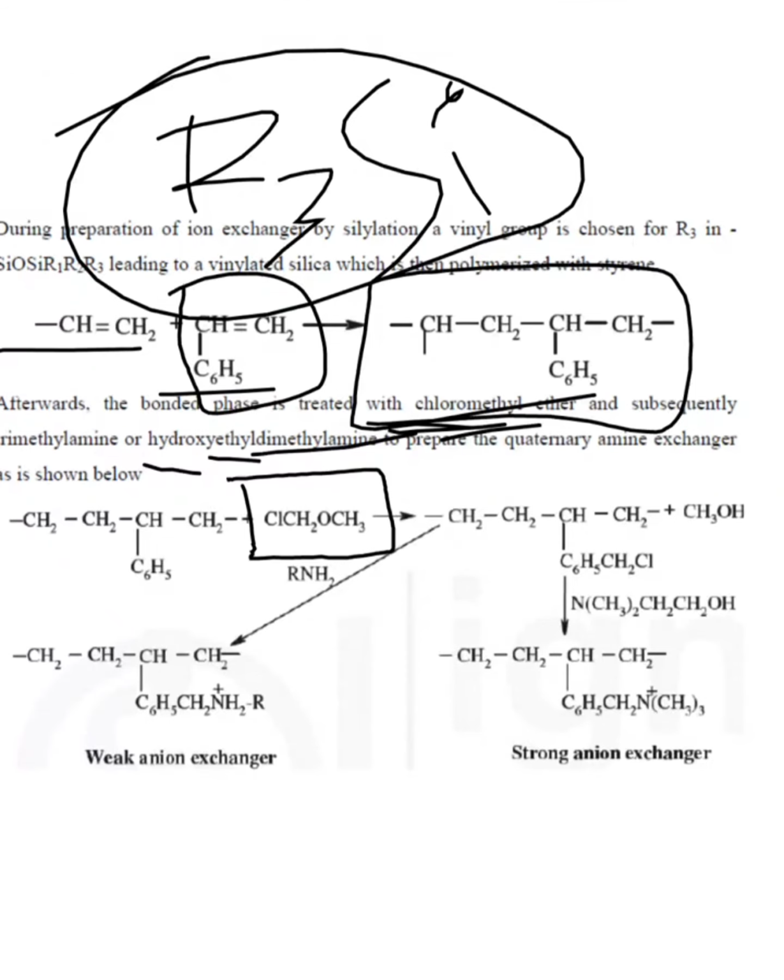So you can get two different exchangers, the weak anion exchanger and the strong ion exchanger, which are separated. This is the hydroxyethyl dimethylamine. So we can separate the weak anion and strong ion exchangers.